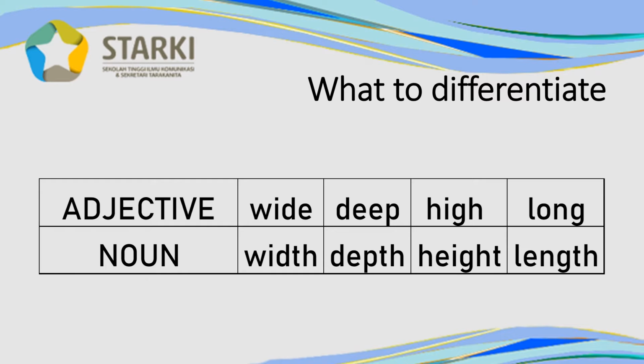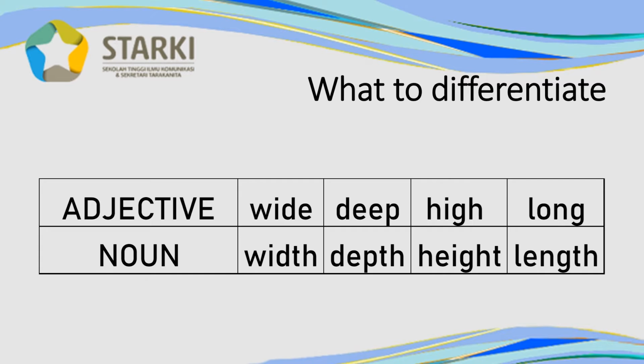And then the next one, high for the adjective and height for the noun. Long for the adjective, but it becomes length for the noun. The meaning is the same, but what you are going to use is different.